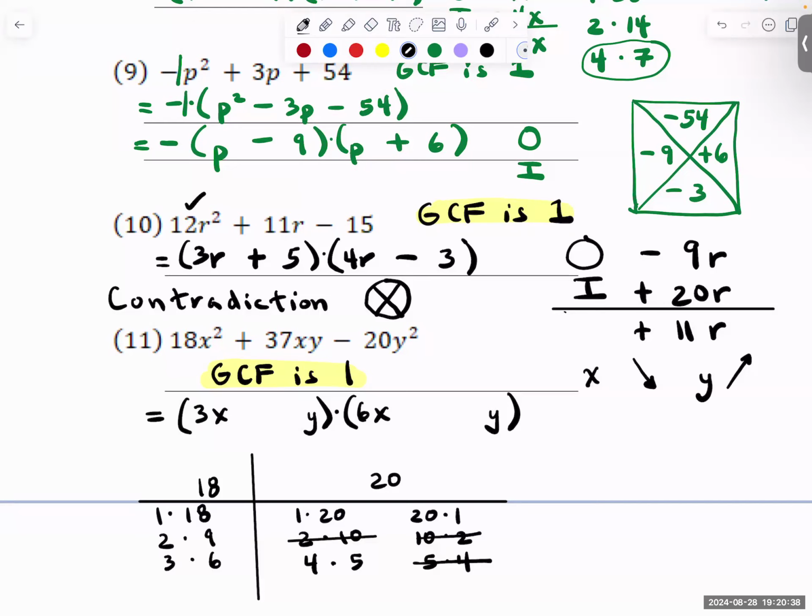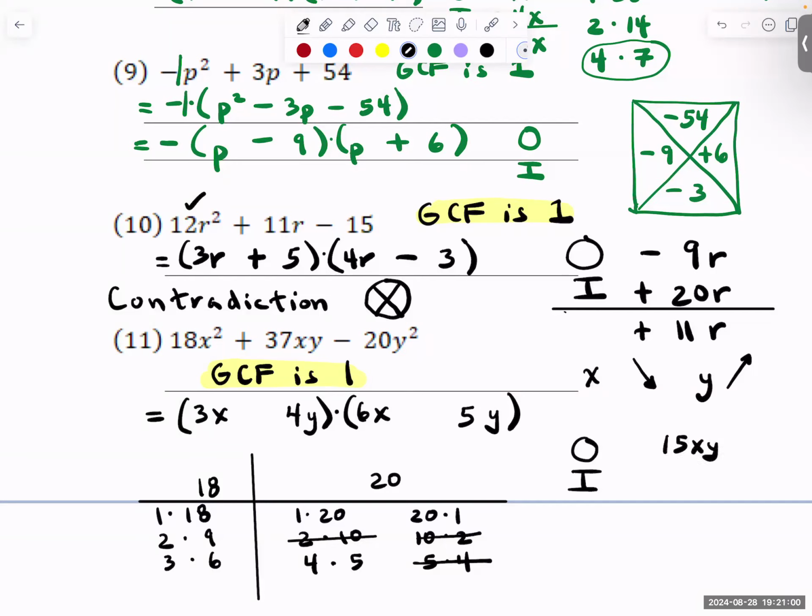All right, so we're at trying 4 times 5. Let's try 4y times 5y. Okay, the greatest common factor is 1 for both binomials. Let's check the outer product O and the inner product I. Outer product 3 times 5 is 15xy.